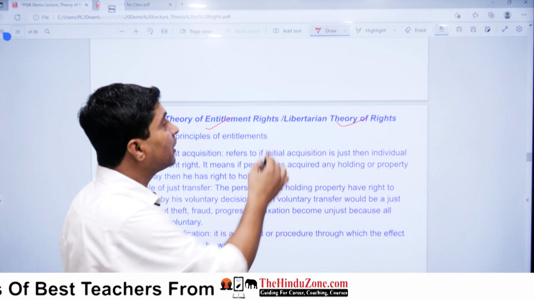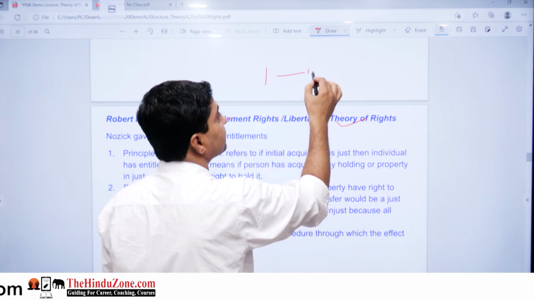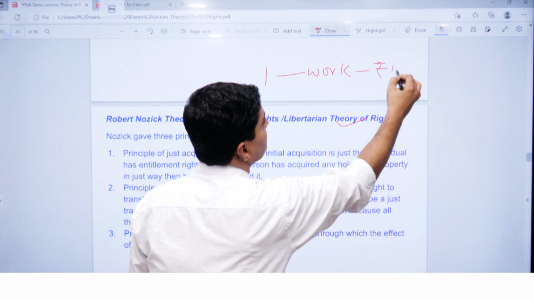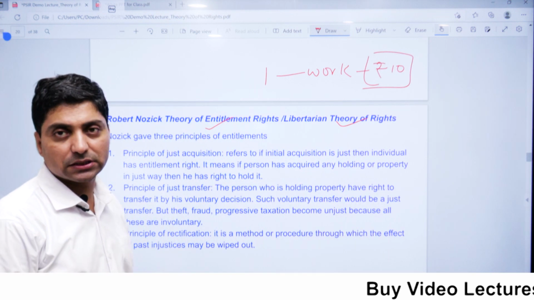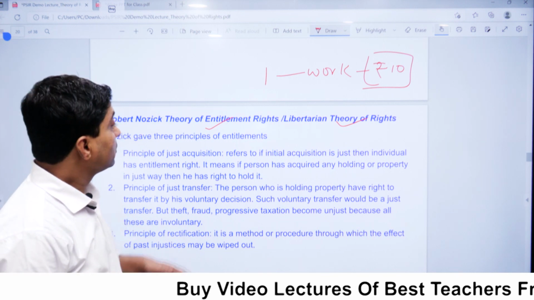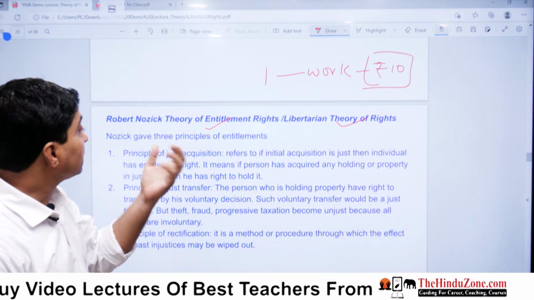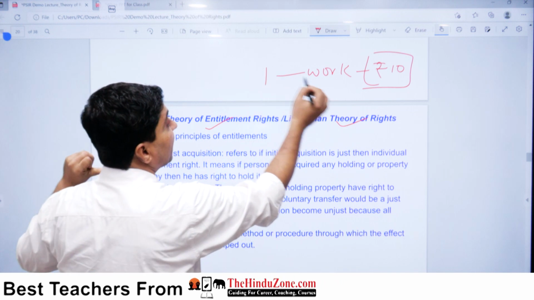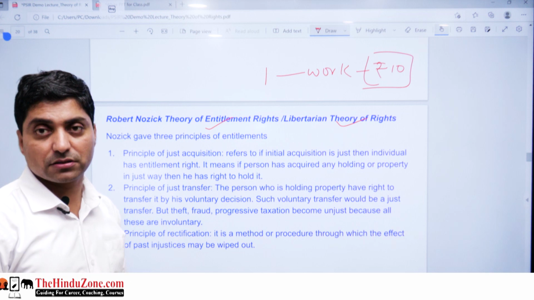For example, if I am doing work and I am getting 10 rupees, then I have a right over that 10 rupees. This is political theory. So if the initial acquisition is that I have worked one day and earned 10 rupees, then I have a right over the 10 rupees.